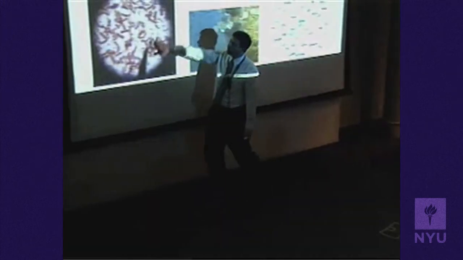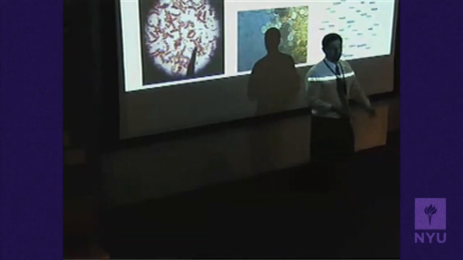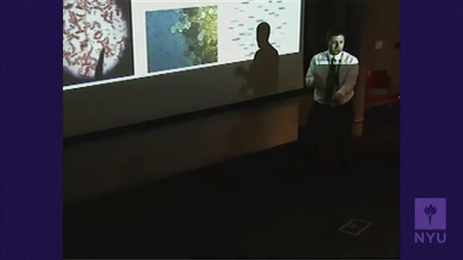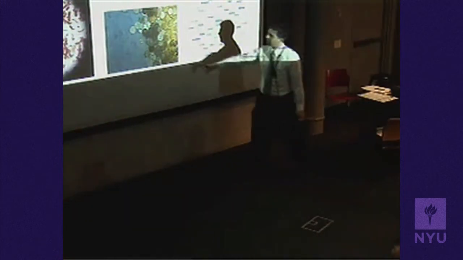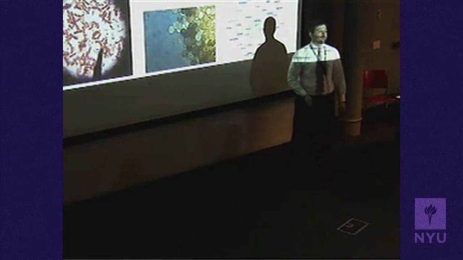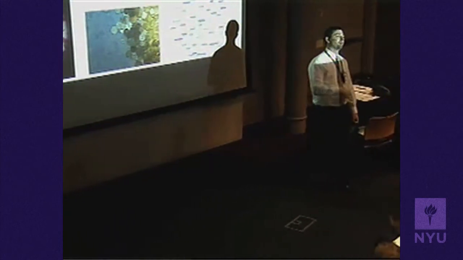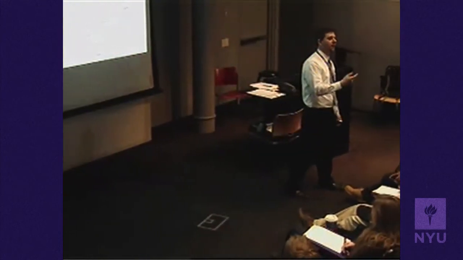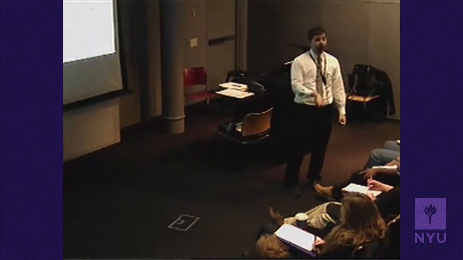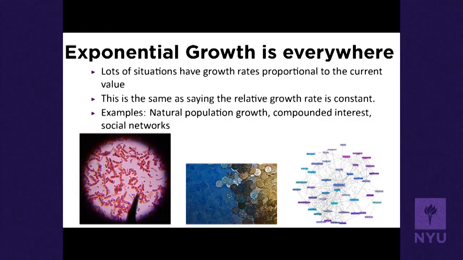If you don't have any at all, obviously you won't get any new ones because you can't create bacteria out of nothing. Money in a bank account also has this behavior because if you are collecting compound interest, then the amount of interest that you get is proportional to the balance in the bank account to begin with. And then social networks can also grow in this fashion because as you start in the center, you add a few of your friends, and then you get exposed to their friends, and so your circle widens.